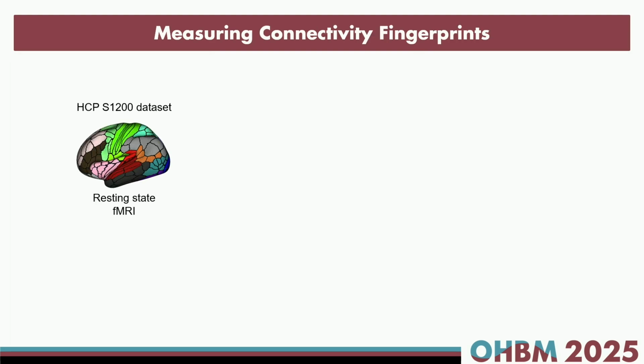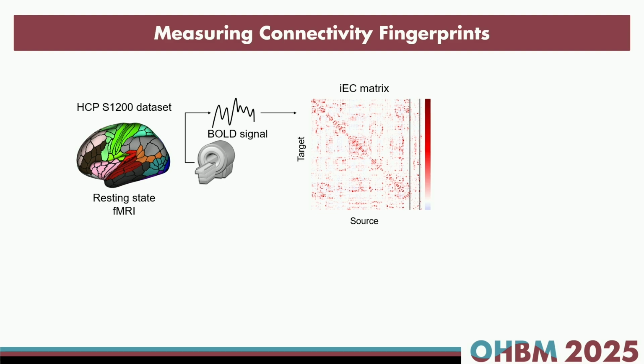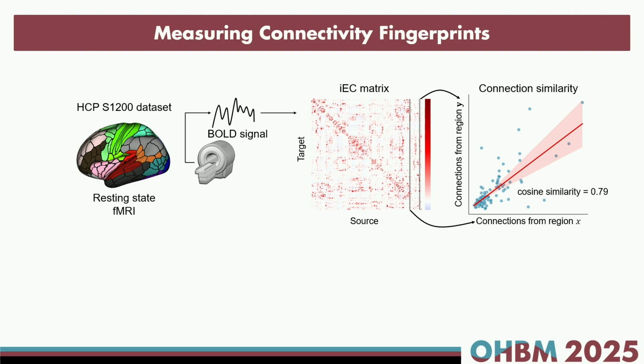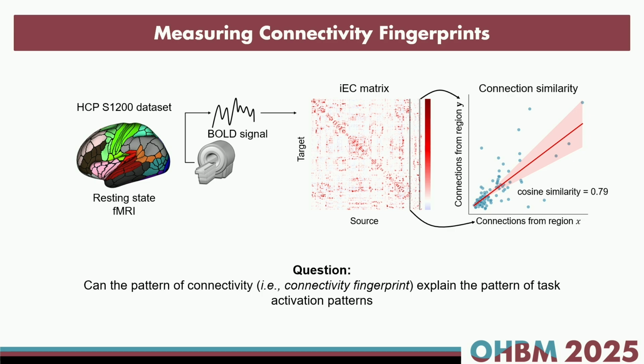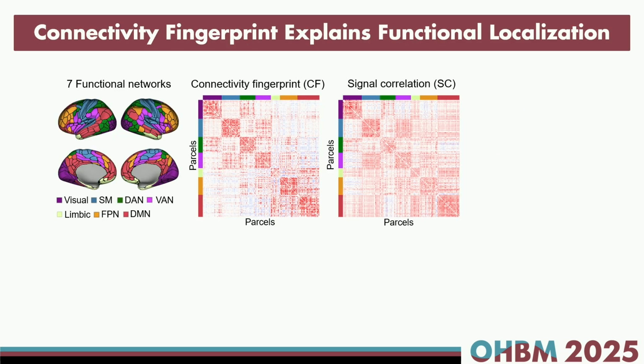Then we constructed the IEC matrix using independent HCP dataset, then compared the connection similarity of any pair of two brain regions in terms of their outgoing connections, leading to a question whether the pattern of connectivity, i.e. the connectivity fingerprint, can explain the pattern of task activation patterns. So this is the result. We can clearly see it is very similar, showing a modular structure according to 7 functional networks.